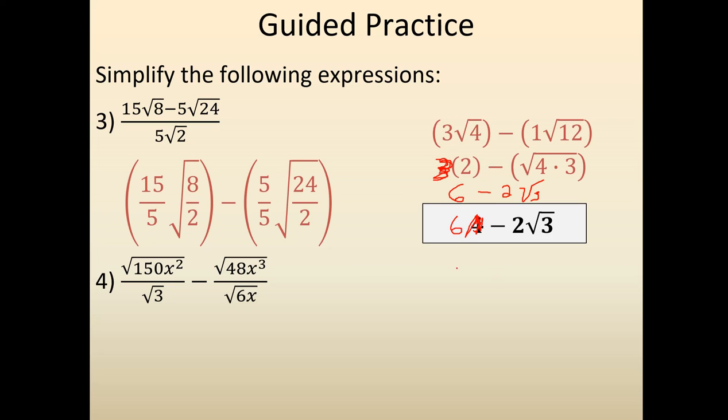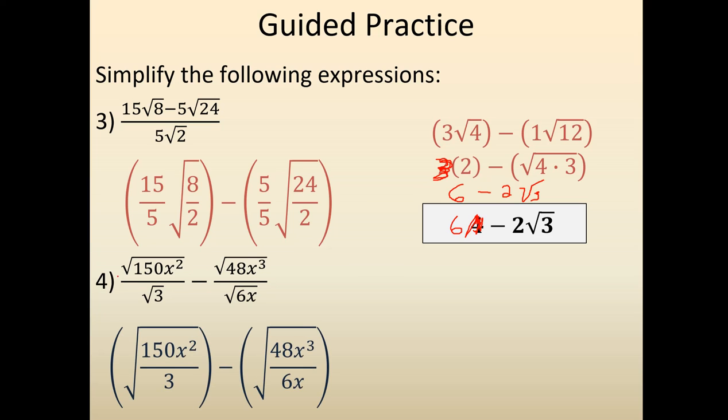All right. Now for the last question, number 4. So here, it's actually already split up for me. So I'm just going to go right to combining everything under one radical. So we have 150x squared divided by 3 and the 48x cubed divided by 6x. 150 divided by 3 ends up being 50, and 48 divided by 6 is 8.